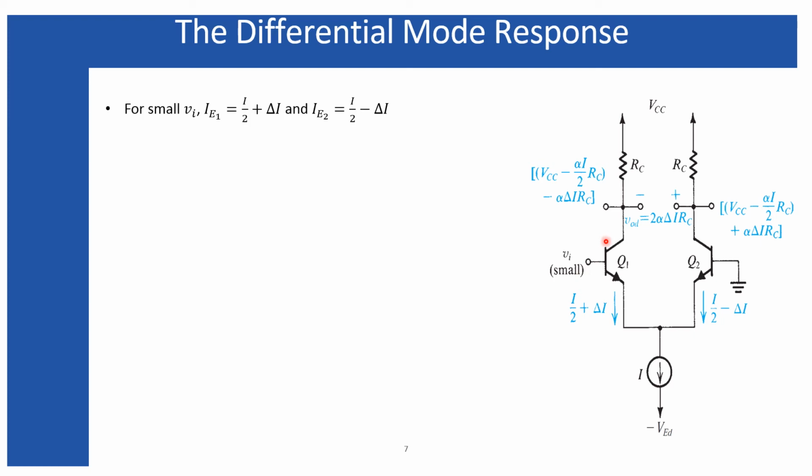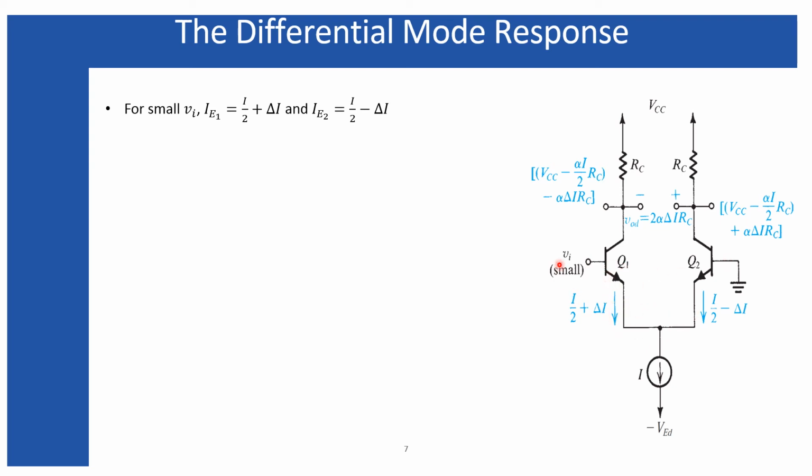Since this small voltage is different from the potential applied at the base of the transistor Q2, which is the ground voltage, it is obviously a differential mode operation. In differential mode operation, the differential amplifier is biased such that each of these transistors is biased at I by 2.